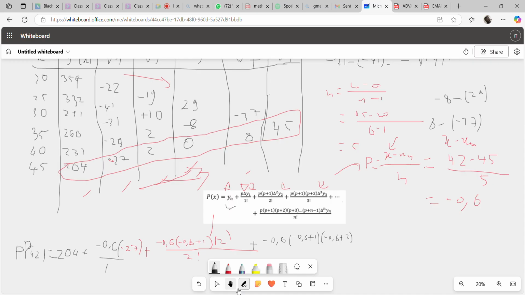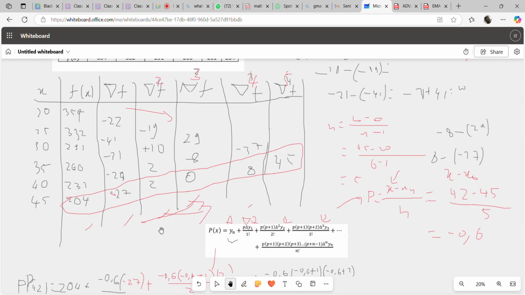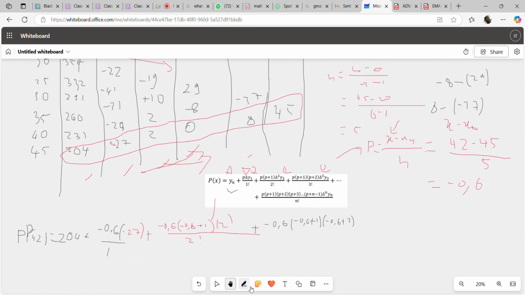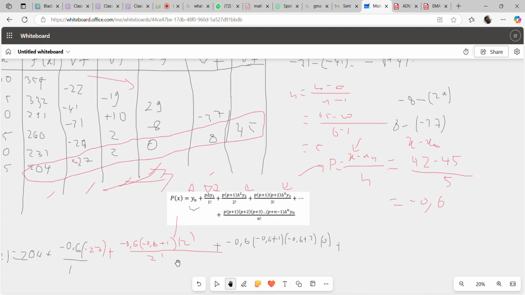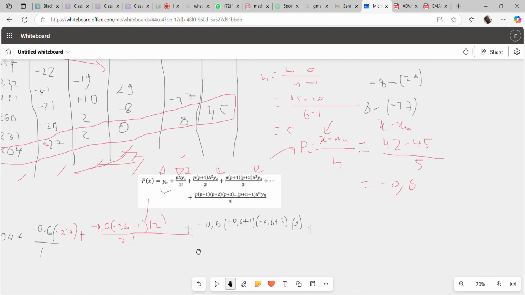What is delta cube here? You are just copying, guys. Cube is 0. When it's 0, you don't have to worry about it because everything multiplied by 0 cancels the whole expression. So you jump to the other one. I'm just following the formula again.